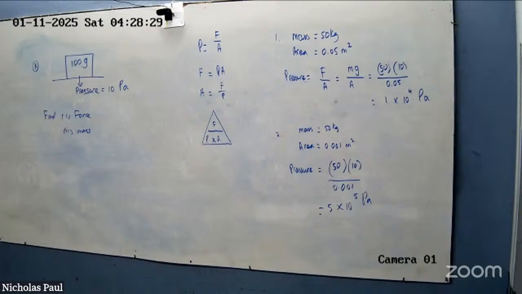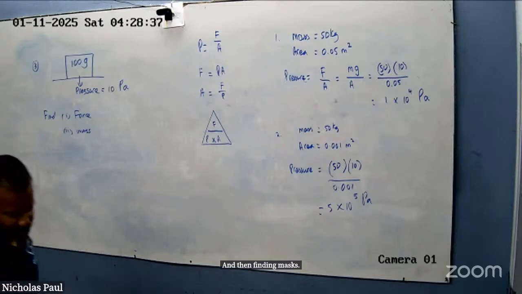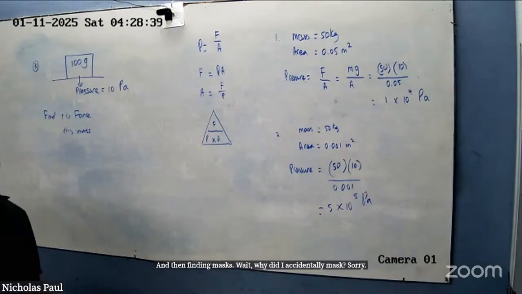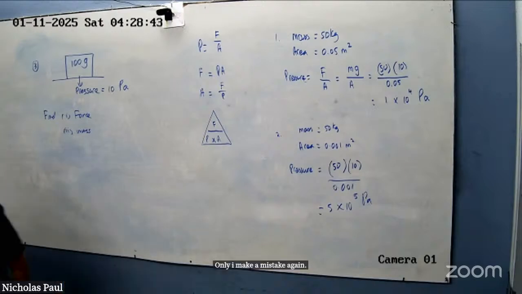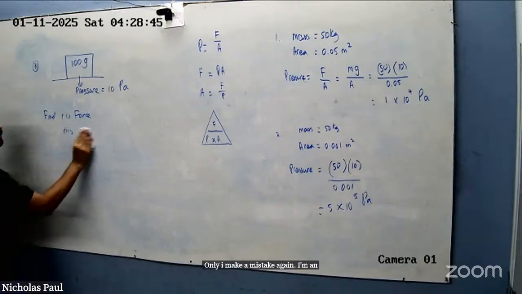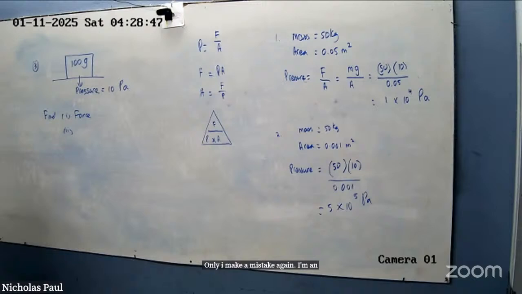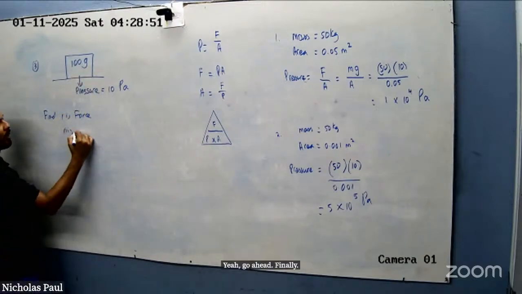Take your time, use the right formula for force, and then find the mass. Wait, what did I ask? Sorry, I made a mistake here. Find the force exerted by the block and then find the area.